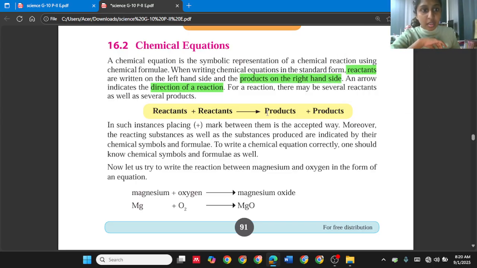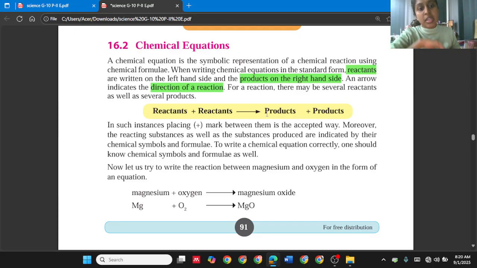Then in such instances, placing a plus mark between them is the accepted way. Moreover, the reacting substances as well as the substances produced are indicated by their chemical symbols and formulas. To write a chemical equation correctly, one should know chemical symbols and formulas.